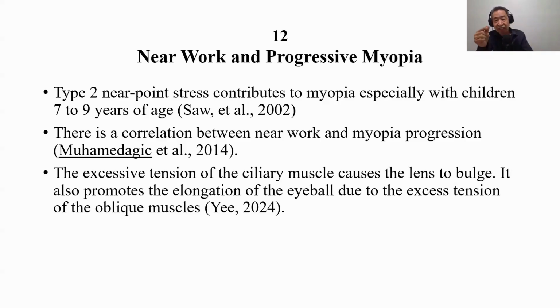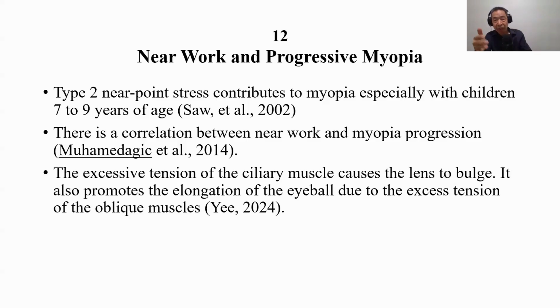There's also a correlation between near work and progressive myopia. Progressive myopia is defined as an increase in myopia over a year of at least 0.5 diopters. And Muha Madajak and company in 2014 found a correlation between near work and progressive myopia. It is due to the excess tension of the oblique muscles.